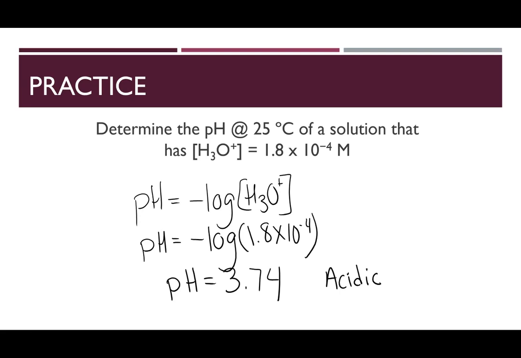All right. Well, when we were looking at the autoionization of water, we did have the hydronium concentration, but there's also this other side that has the hydroxide concentration. So that hydroxide concentration, while it's not used as often, the hydroxide side can still be used in the same manner.